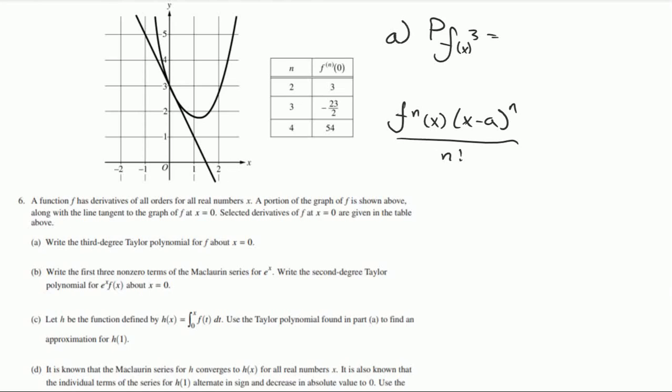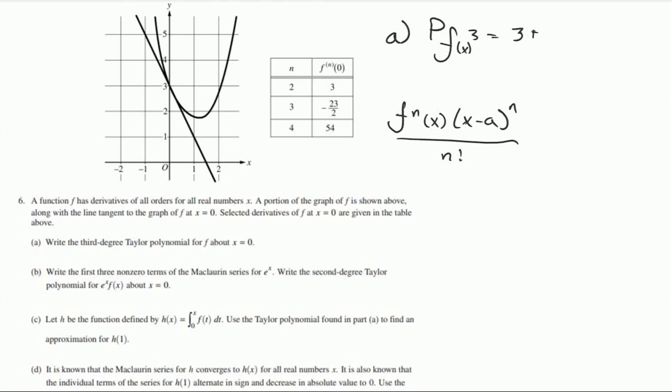Third degree Taylor polynomial. About x equals 0, the first term is 3, because that's the 0th derivative of f. It's going to be 3 plus... Now, actually, the first derivative is negative 2, as you can see by this line right there.